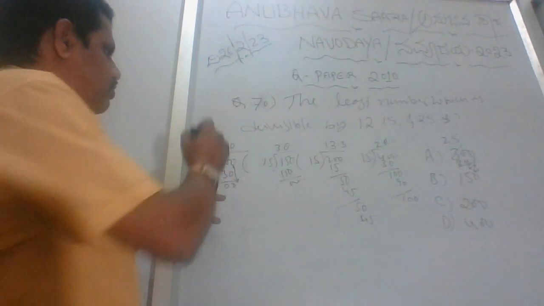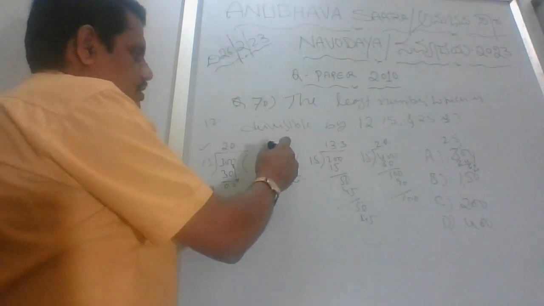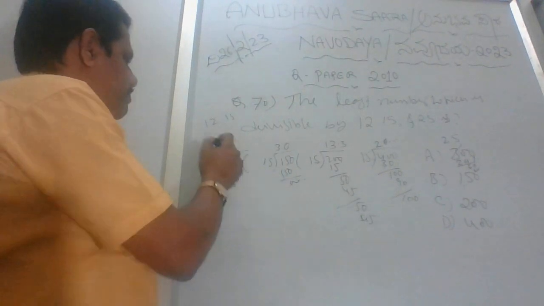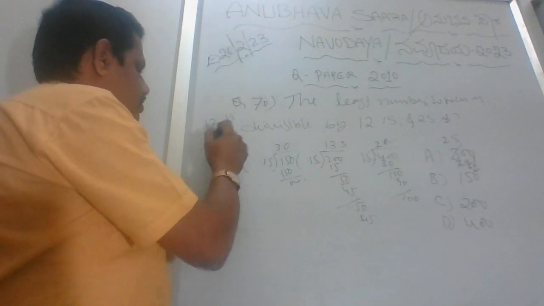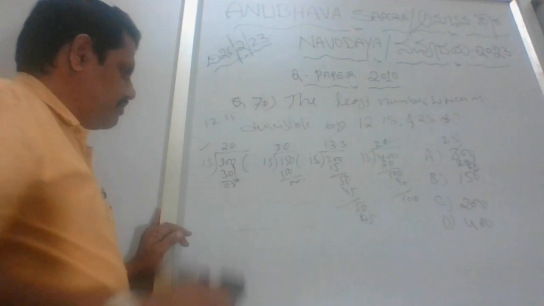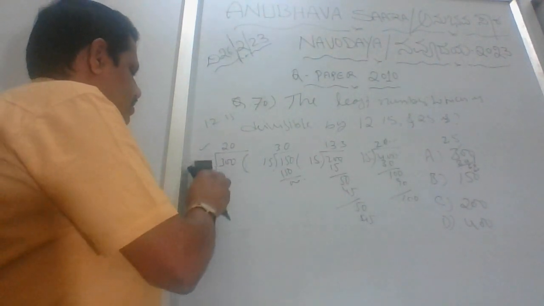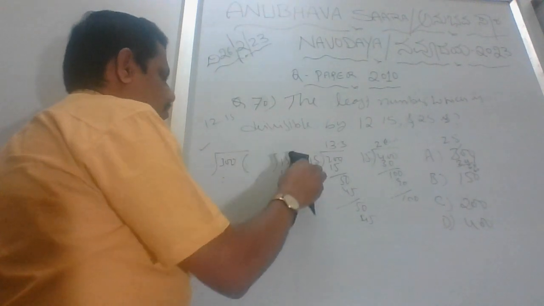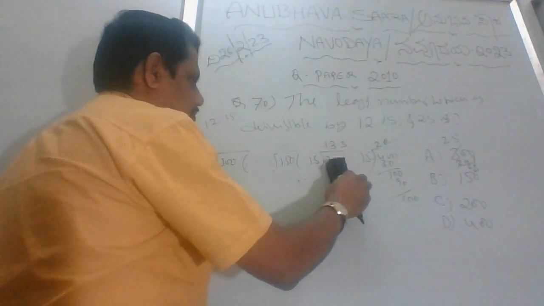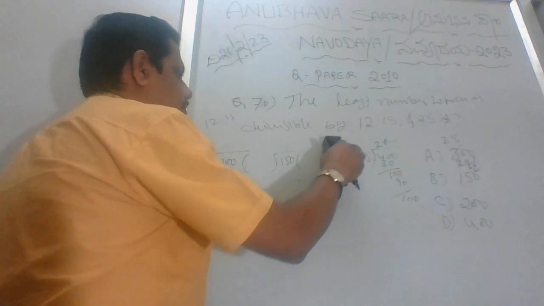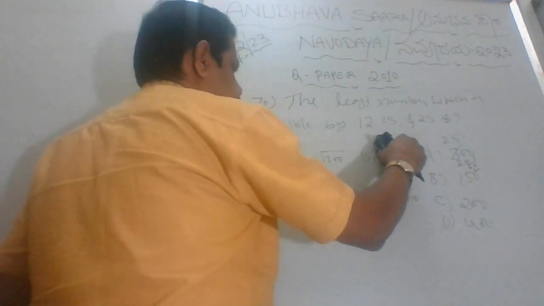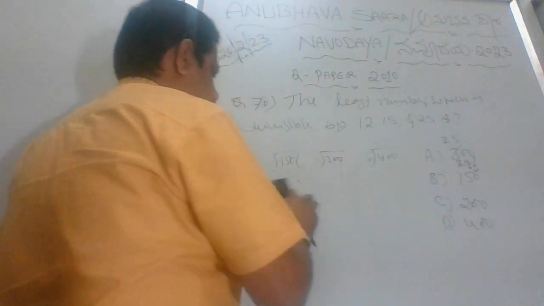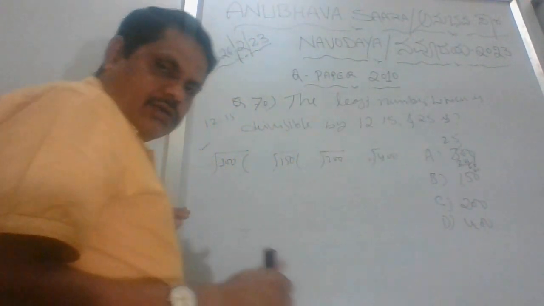This was done by 12 and this was also done by 15, but here we got a decimal. Here we got both. Now we are left with 25. So let us try with 25. Fine.